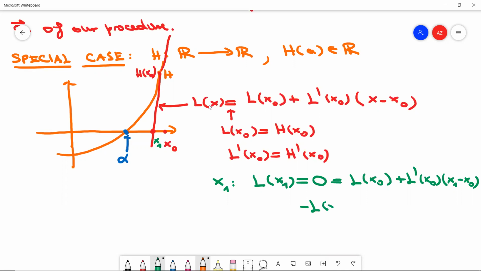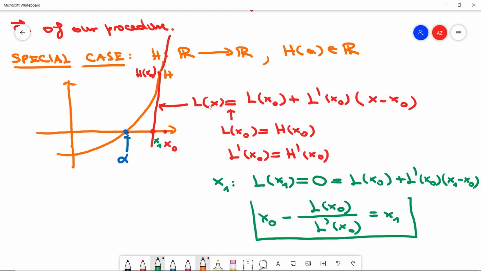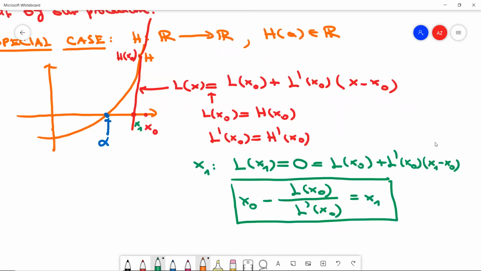So we get minus L of x naught divided by L derivative in x naught, plus x naught, is equal to x1. And I can write this in a clearer way like that. So I only expressed x1 from this equation. And this is the new iterate.